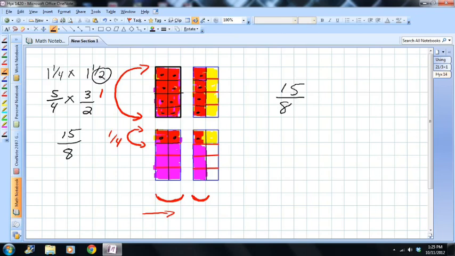Now, if we rewrite 15/8 as a mixed number, 8 into 15 one time, and we have a remainder of 7.